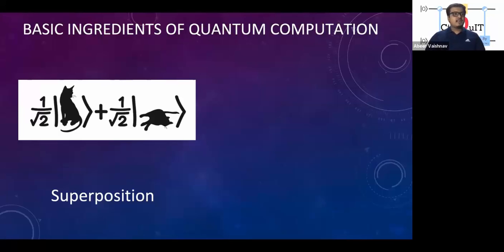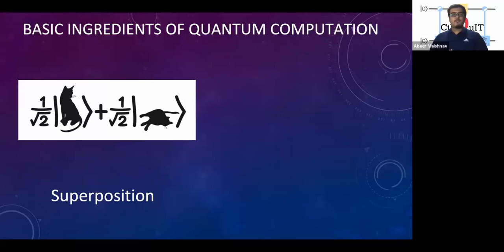This basically said that if there is a box, and a cat inside the box with a vial of poison, which is triggered randomly by the decay of a particular radioactive element. Because this radioactive element decay is random and cannot be predicted, if the decay happens, then the poison vial will explode, and the cat will be dead.